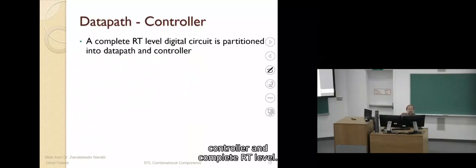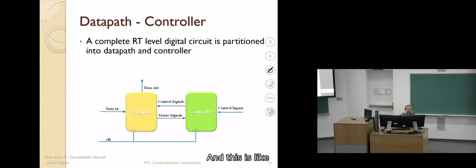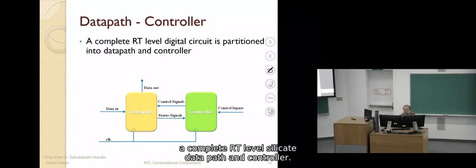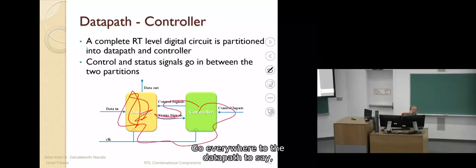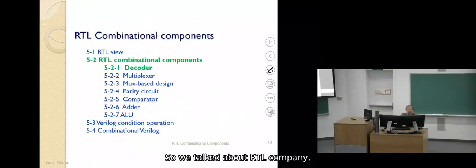A complete RT level digital circuit has a data path and a controller. Control signals go everywhere to the data path to say, okay, now you do this. If ALU has many operations like add, subtract, and, or, control says you do add, you do or, whatever it says.